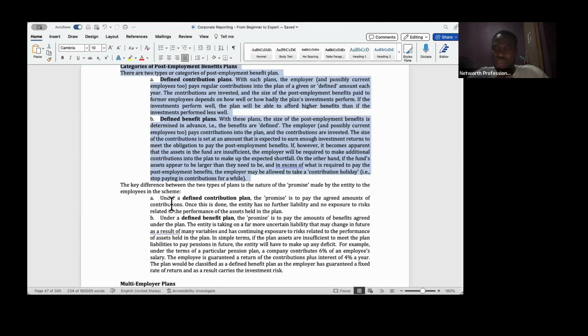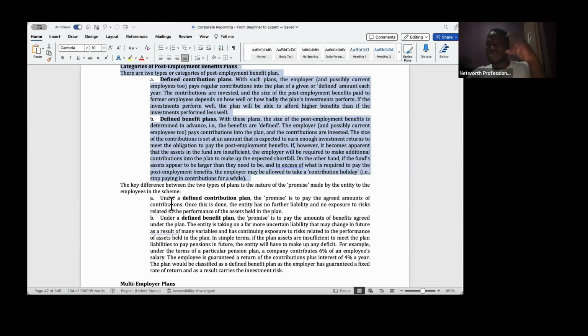The obligation of the employer ends at that contribution, which means that when the employee retires, if he goes to the PFA and says, give me my money, and they say, we lost it, we invested somewhere and we could not recover the money, we are so sorry, then you can only go after the PFA. You cannot go after your employer. That is a defined contribution plan.